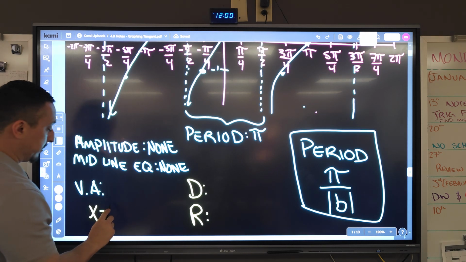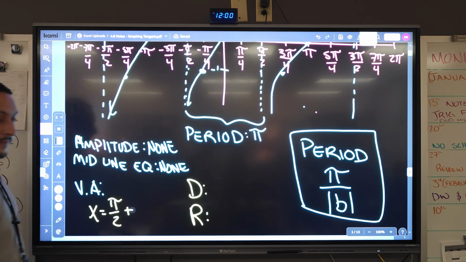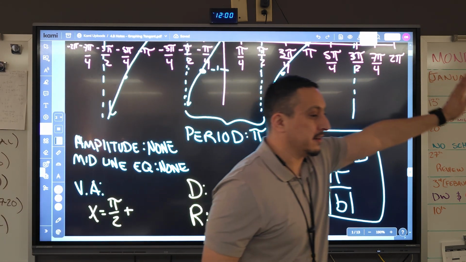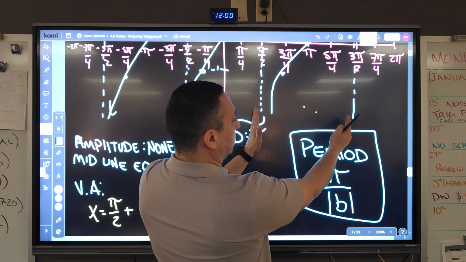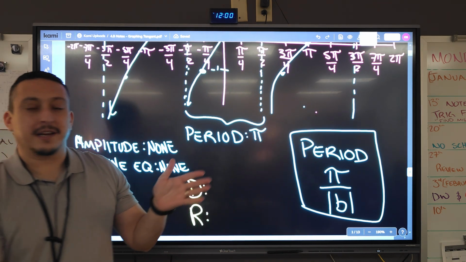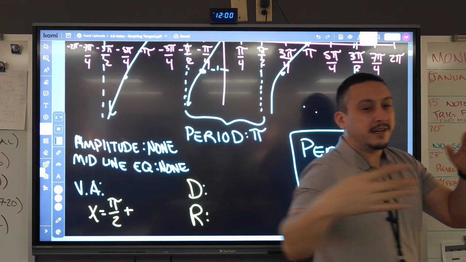And then it happens at pi over 2, but not just at pi over 2. It happens again here, and then again here. How wide is this space? Pi. So it's happening at every pi, another pi, another pi.